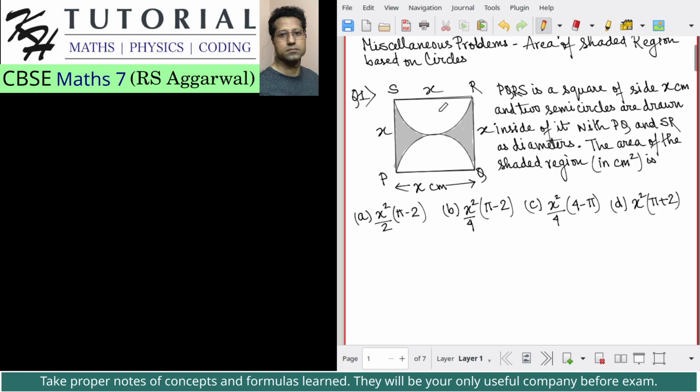So the two semicircles, let's mark them. C1 is the top semicircle and C2 is the bottom semicircle.